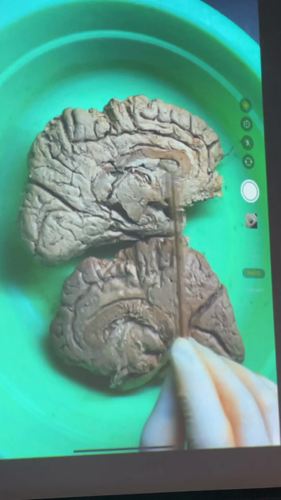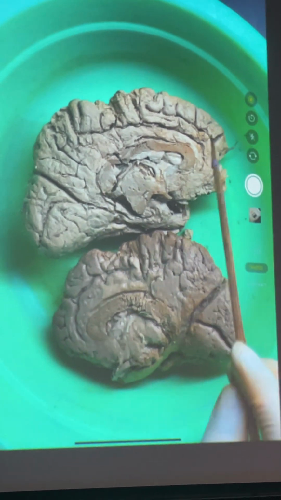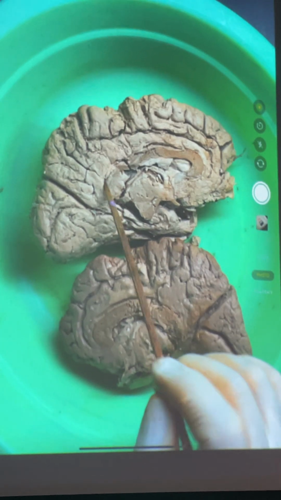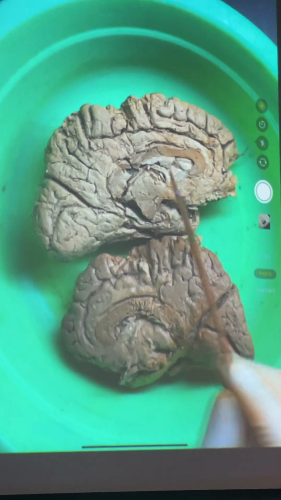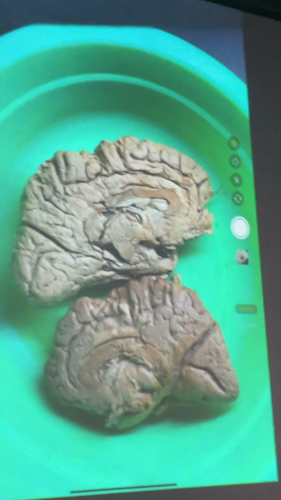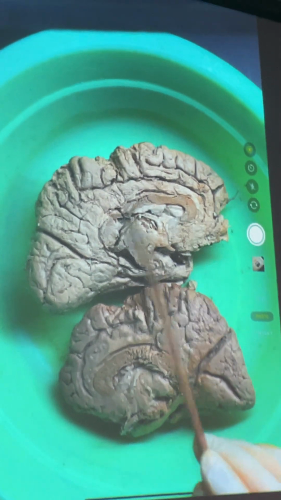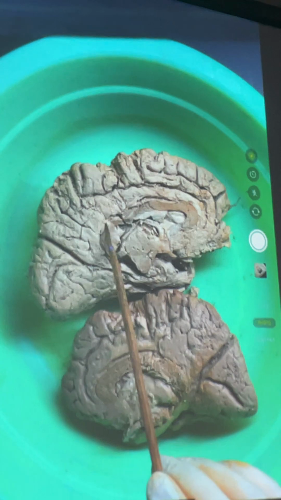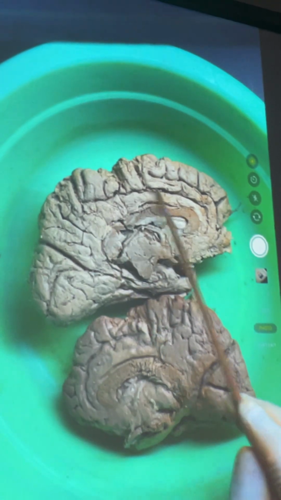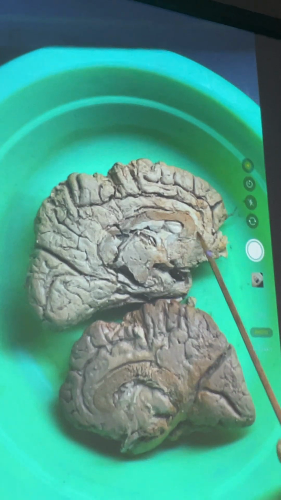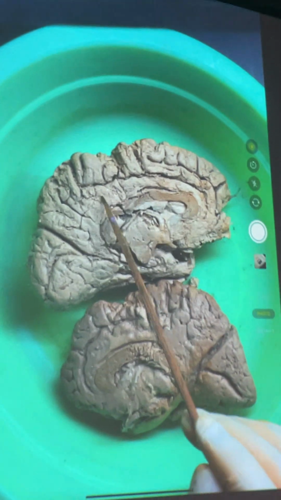So if this is the corpus callosum, the sulcus above that is known as the callosal sulcus. Callosal sulcus first, because if there's a gyrus, there's a sulcus. So corpus callosum, callosal sulcus, then you see the gyrus there, and that's why it's called cingulate gyrus.